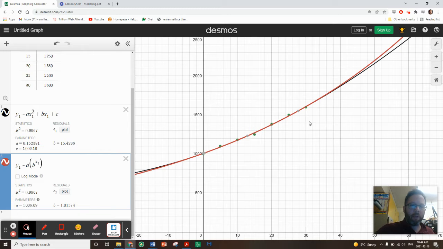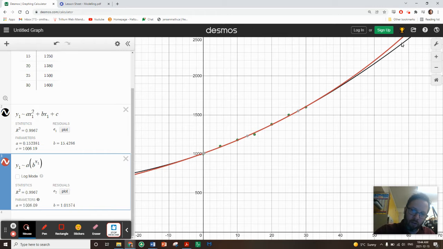It gets at our talking points. So you guys can see the two curves within the data. If you just focus on the points we were given from t equals 0 to t equals 30, both of the curves are essentially the same, hard to tell the difference. But look towards the ends. For negative 20, which would be around the year 1900, you can start to see that the graphs diverge a little bit.